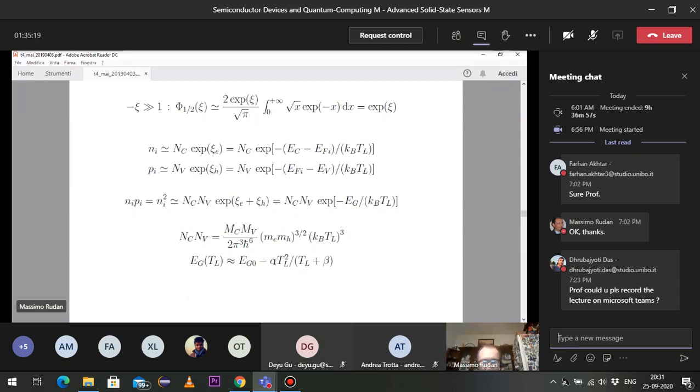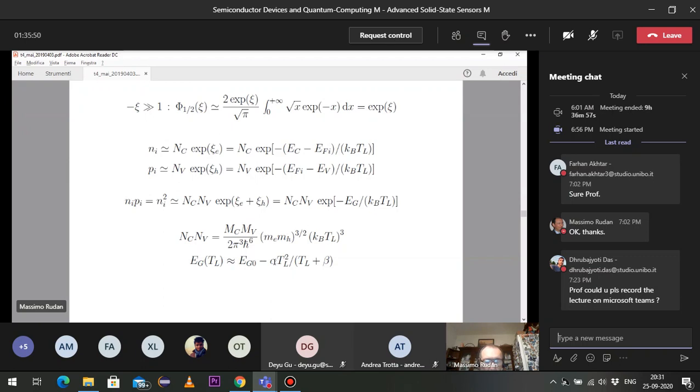So we have made quite a step because we started from a formal calculation of the intrinsic concentration using the Fermi integrals. We made an estimate. Thanks to the estimate on the position of the Fermi level, we were able to find the approximate position of the Fermi level in the gap.